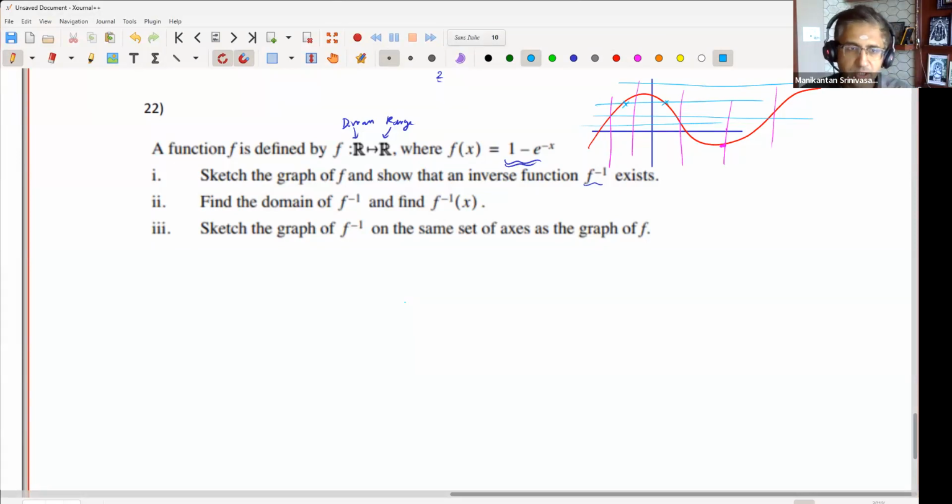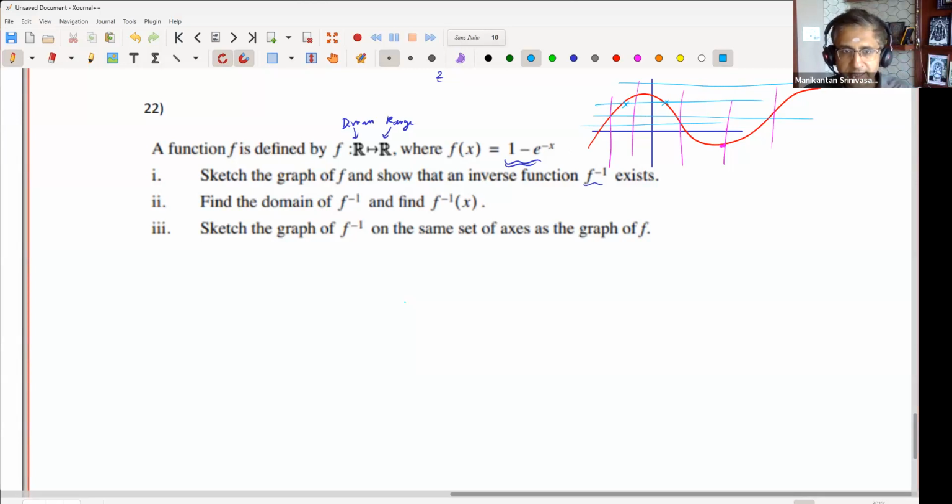So if in the original function 2 different x have a common y, then the inverse translates to 2 y for a given x. For a given x, how can I have 2 y? It's not a function anymore. And therefore, if any graph fails the vertical test, it's not a function. If any graph fails the horizontal test, the inverse does not exist. So for the inverse to exist, it must pass the horizontal test.